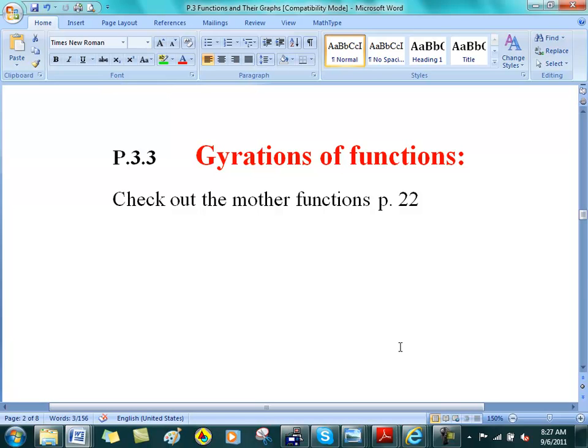In calculus, they bring in 1 over x, and they bring in sine and cosine as well. So the list of mothers is really extended. Make sure you know those. All right, is everybody okay on that?